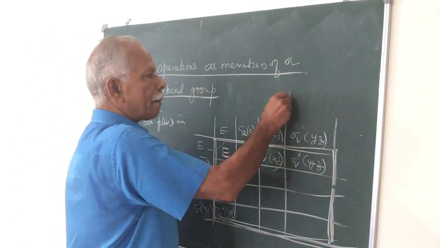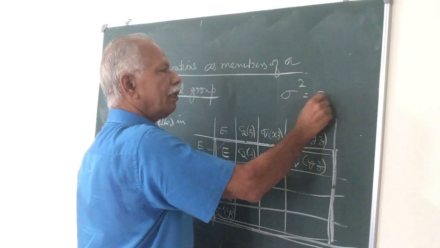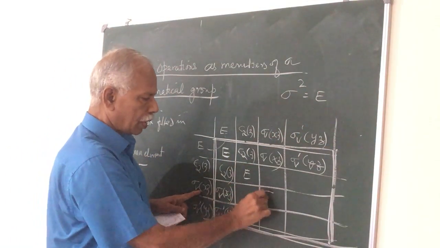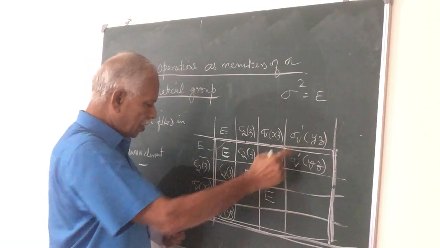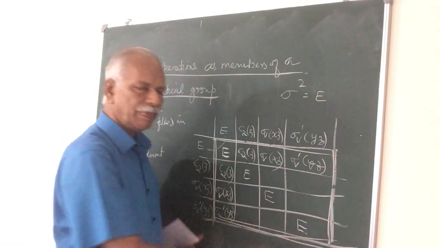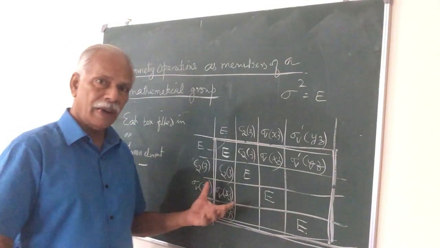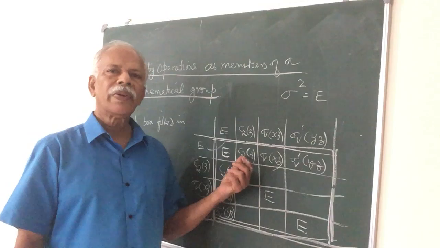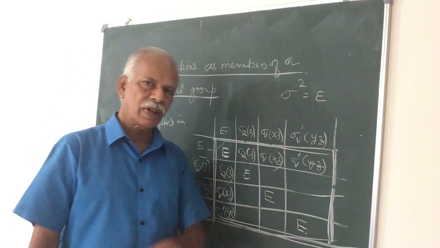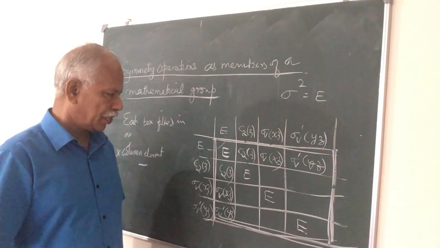Any sigma squared will be identity. Therefore, these two will also give identity. Sigma v dash multiplied by sigma v dash, that also gives identity. So fill in the boxes with the results which are easily obtained first, and then you worry about others.